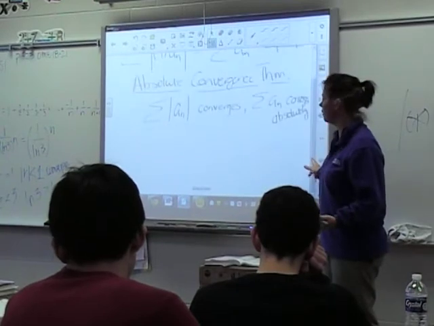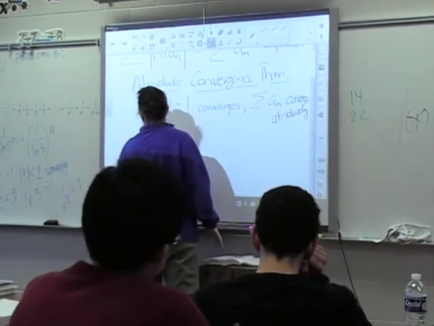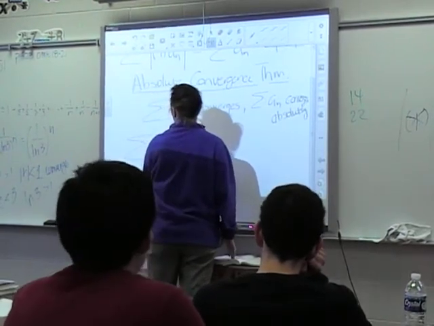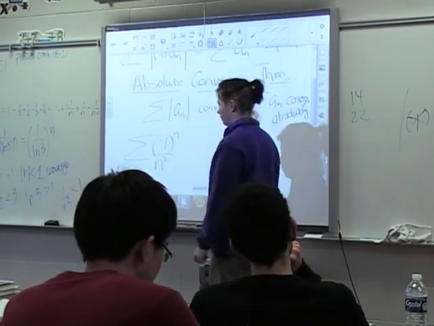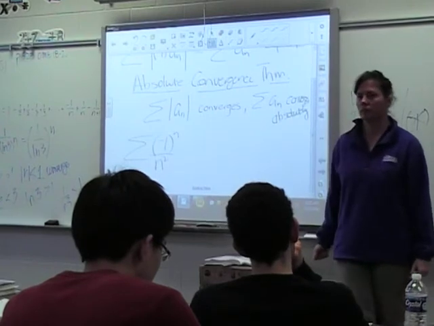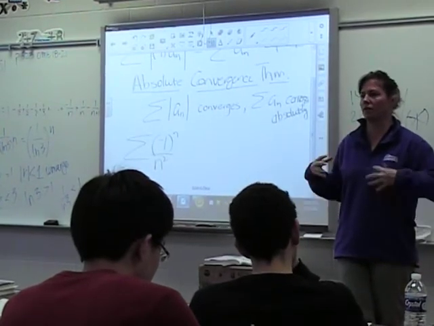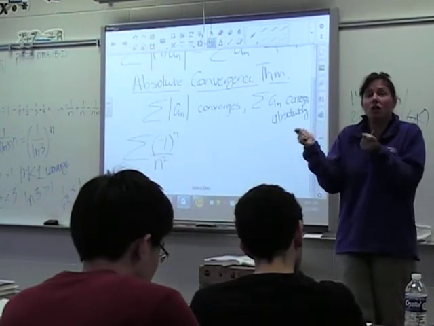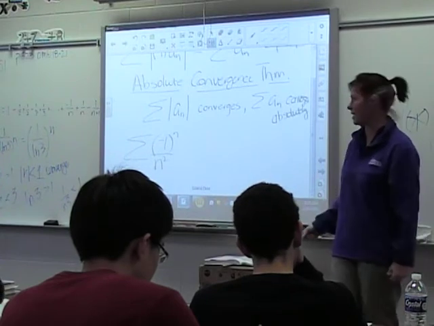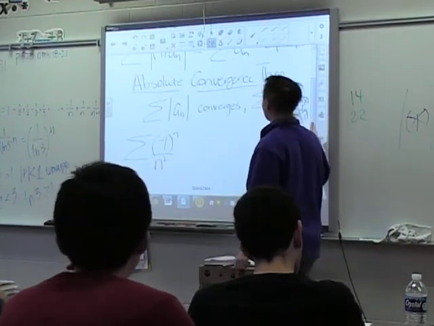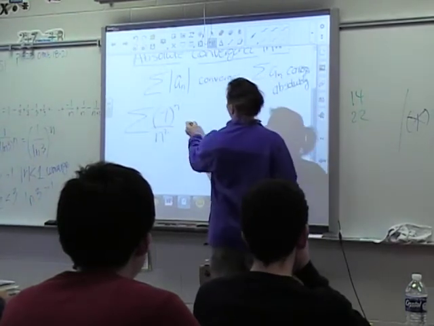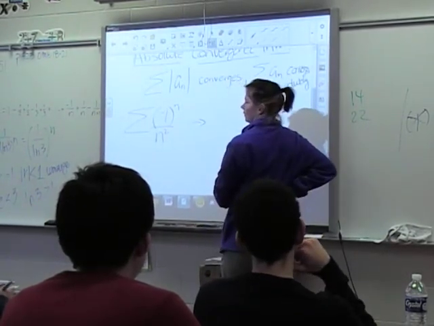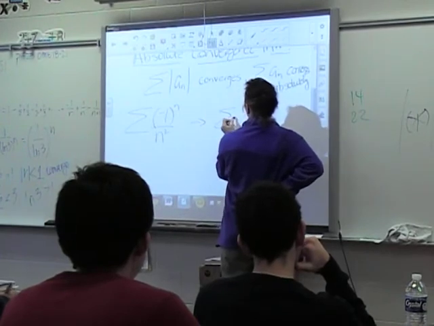Alright, an example of that is, let's look, if I have -1 to the n over n squared. The whole point I'm trying to get at is if I have an alternating series, the first thing I'm going to look at is the absolute value of it. So, what's the absolute value of that? 1 over n squared.